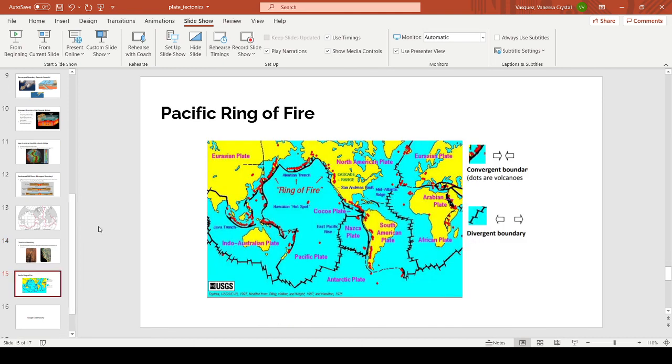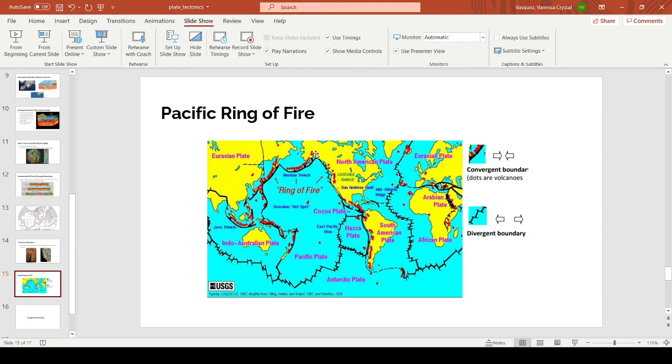And also, I wanted to show the Pacific Ring of Fire. So the Ring of Fire is a path along the Pacific Ocean characterized by active volcanoes and frequent earthquakes. So as we can see here, the red dots represent volcanoes, and if we look at the symbology, the solid black line represents the convergent boundary, and this line represents divergent boundary.